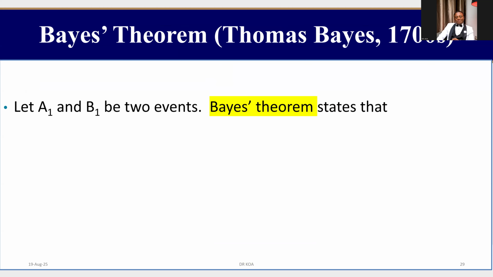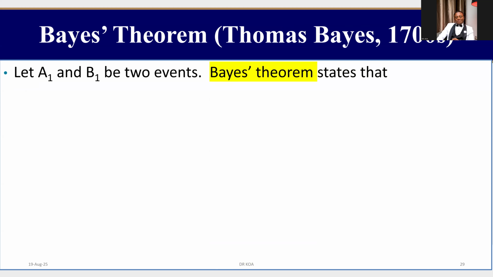So let's start. I want you to pay attention, and please, when we get to the theory, try and write it down. Let A1 and B1 be two events. So there are two events, A1 and B1.